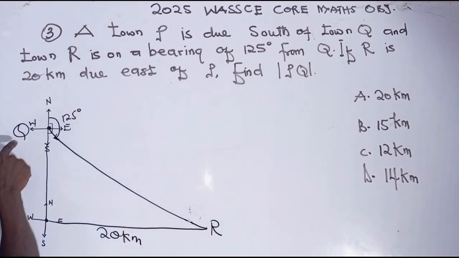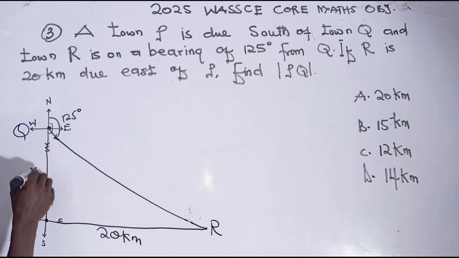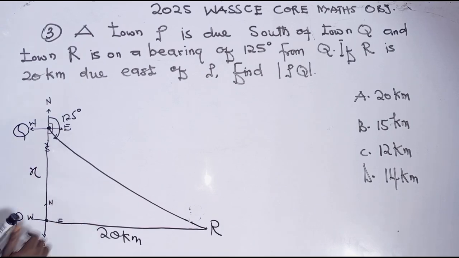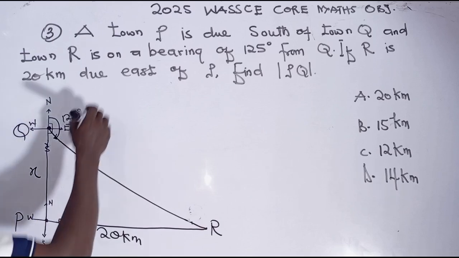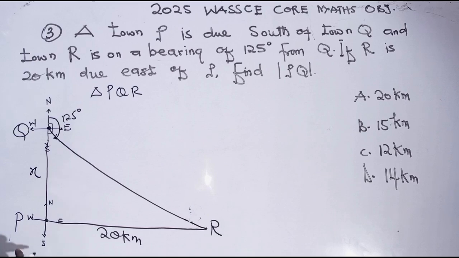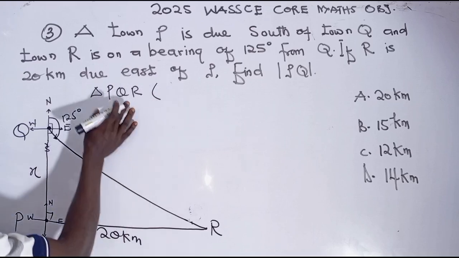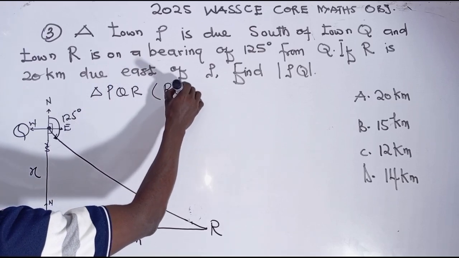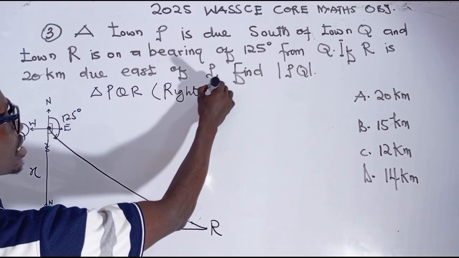So this is PQ, and we are looking for this length or distance. We can see that this diagram is a triangle, triangle PQR. The angle created here is 90 degrees, and therefore this triangle is a right-angled triangle.